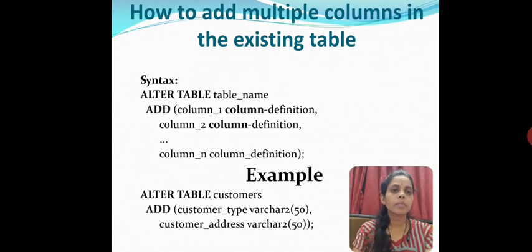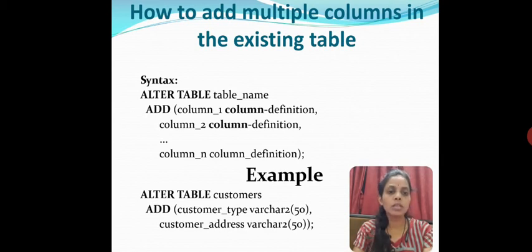Now the next: how to add multiple columns to an existing table. We have added only a single column so far. If we want to add more than one column, what should we do? We follow the same procedure, only we give a comma and then add column 2, comma, then the next column and so on. Here we have added 2 columns.